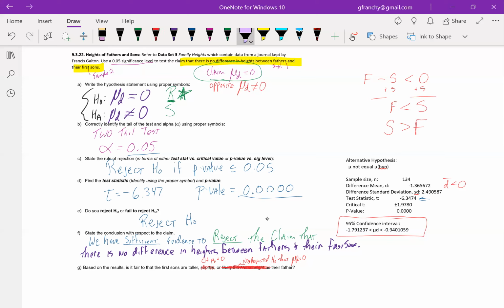So taller. It's fair to say that first sons are taller than their fathers. And again, this is overall, this is in general. If we went back to the sample data, we would see that individual results do vary, but on average, first sons are taller than their fathers.